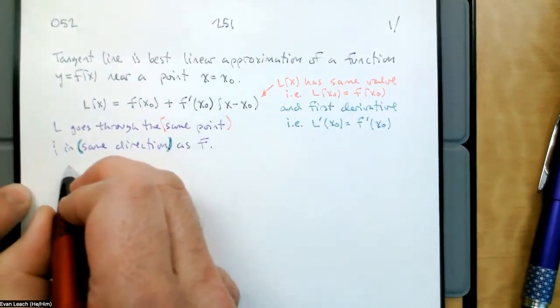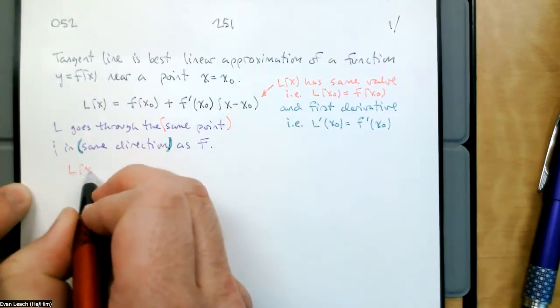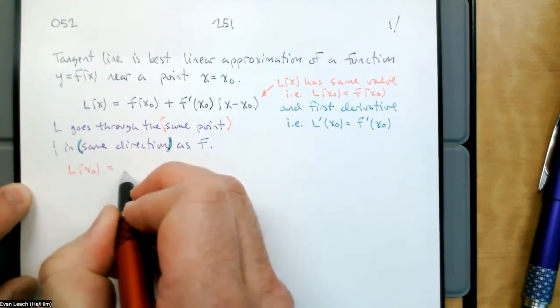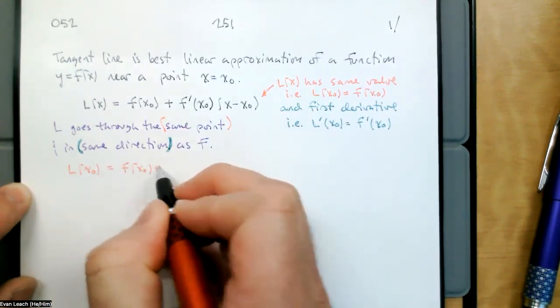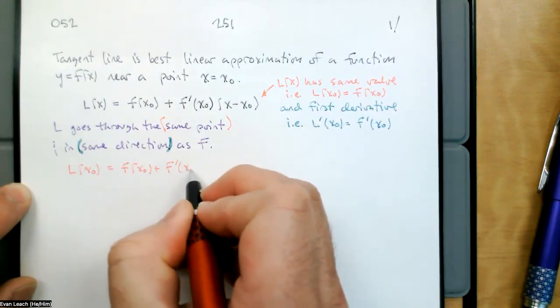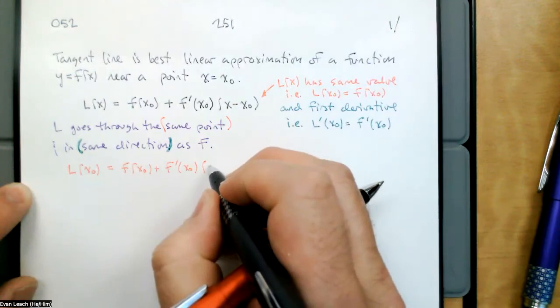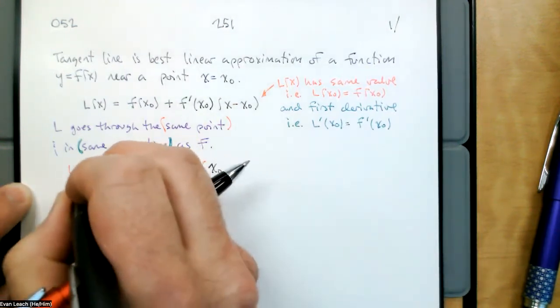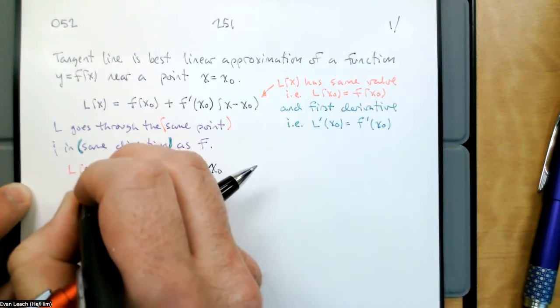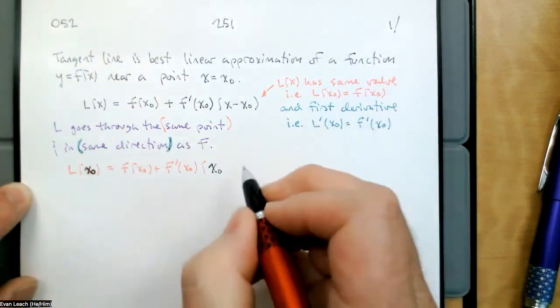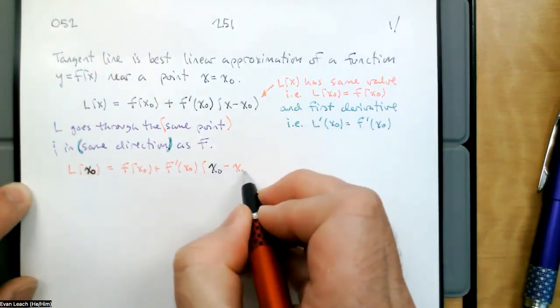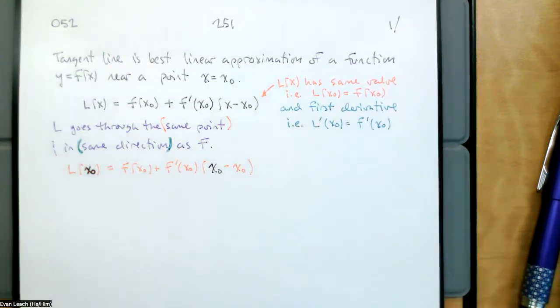So if I evaluate L of x naught, here's where the x naught shows up that we're plugging in. Then we start at f at x naught and we add f prime at x naught times 0.